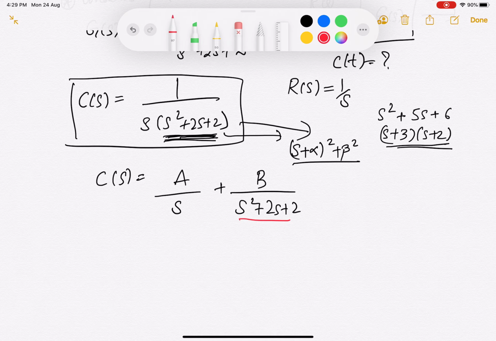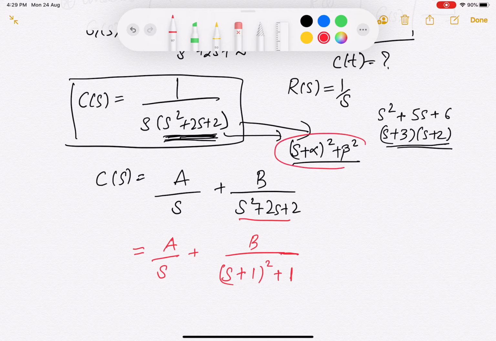Now I've told you in the previous class that we can write this as A by s, and we can write this as a whole square, which is (s plus 1) whole square plus some other term, whatever is remaining, right?